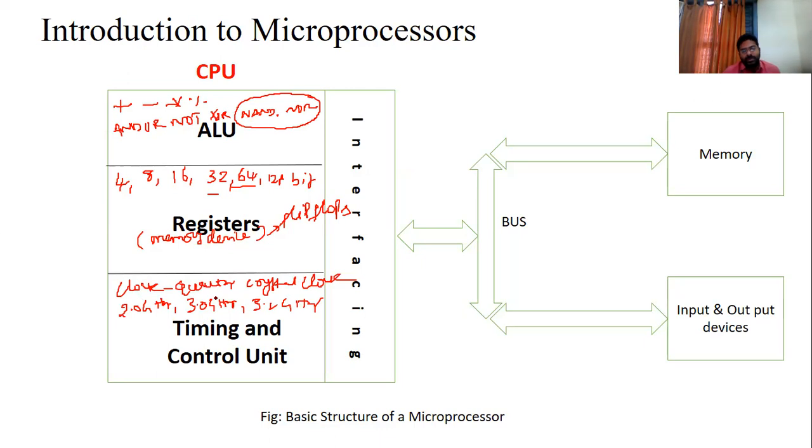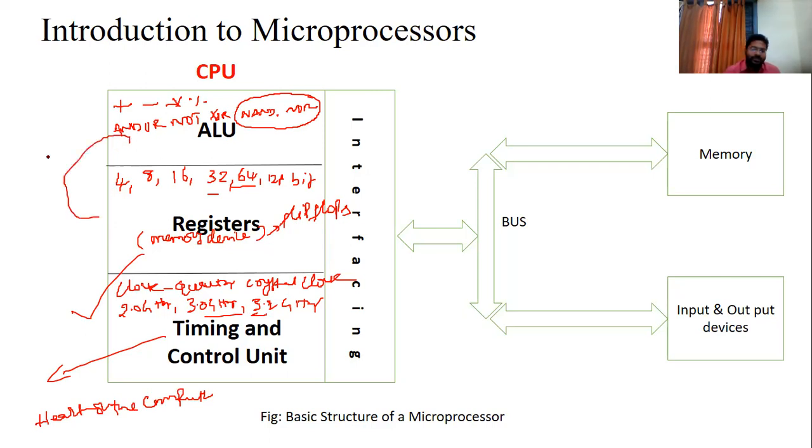Remember, the entire speed of the microprocessor depends on the clock speed. So the timing and control unit you can call the heart of the computer. The ALU and registers you can call the brain of the computer.